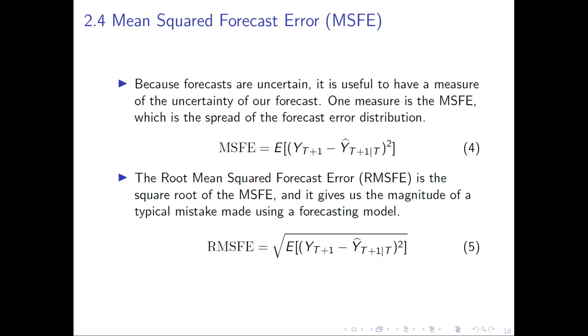To measure the accuracy of our forecast, we use something called mean squared forecast error. Let's say that we have time capital T here, and we have data from time 1 to capital T, and then we have some forecasts for time t plus 1, t plus 2, and t plus 3.